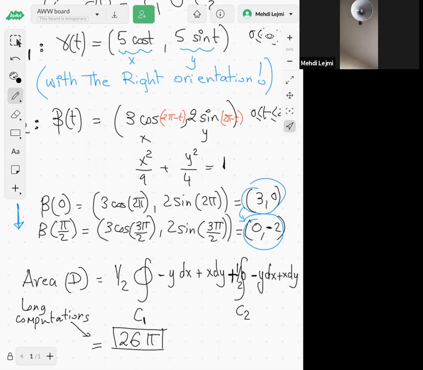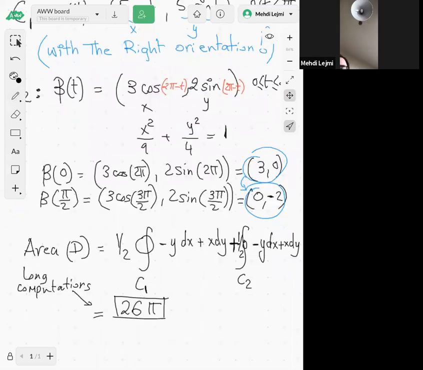Okay, so let's finish this Green's theorem. Oh, we are not done yet, actually, with Green's theorem. I want to mention a different reformulation of Green's theorem, because this different reformulation would generalize to Stokes' theorem in space.